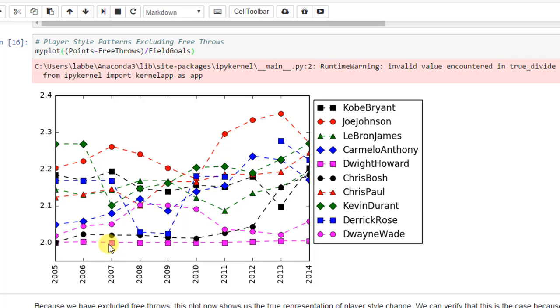The other players show different patterns here. Sometimes they change their styles a little bit. For instance, John Johnson is a very interesting one. He changed a lot in 2010, starting closer to 2, and then made a lot of improvements on 3-pointers, increasing his mean to closer to 3.